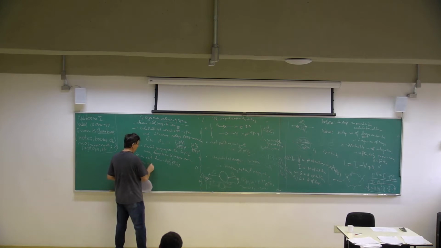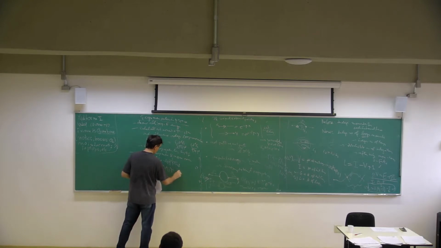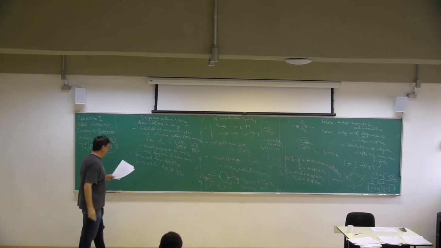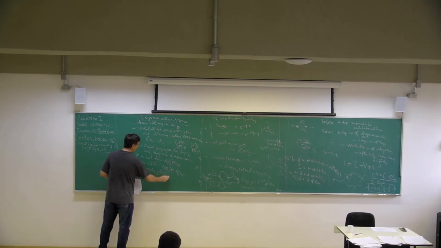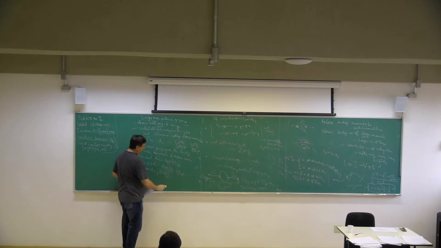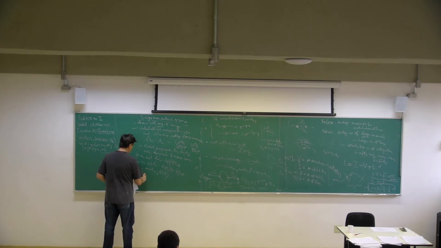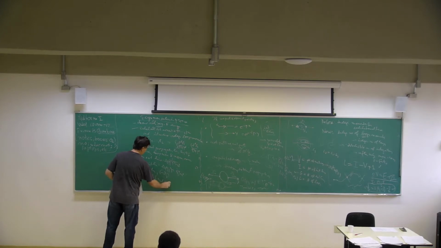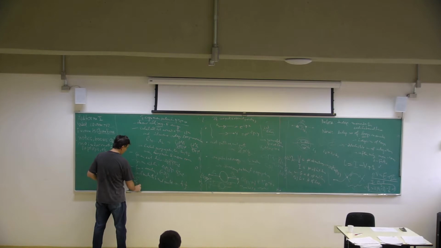For an internal line, it's going to be delta of qj, and then for a vertex, as before, we have minus lambda p, now since we're considering only inequivalent diagrams, calculate S and multiply the result by 1 over S. And then sum over diagrams.